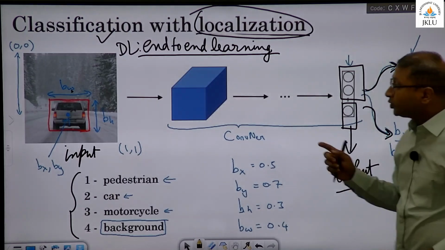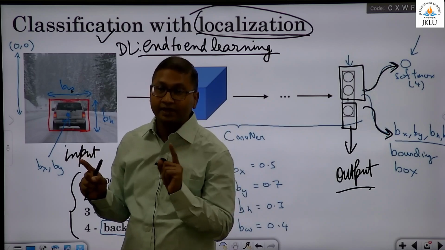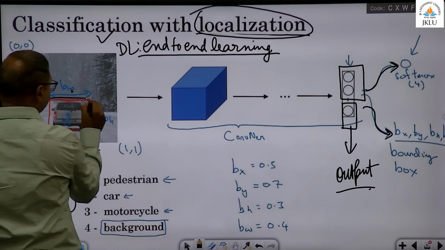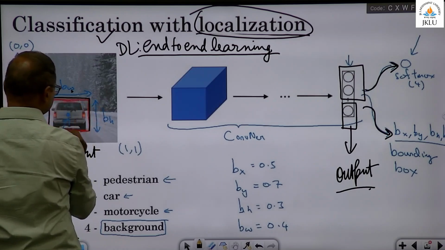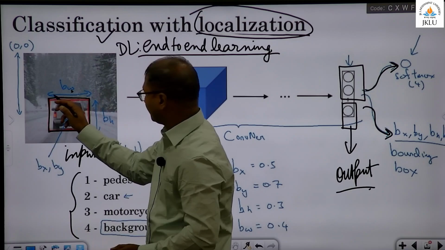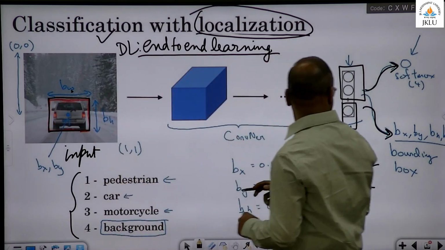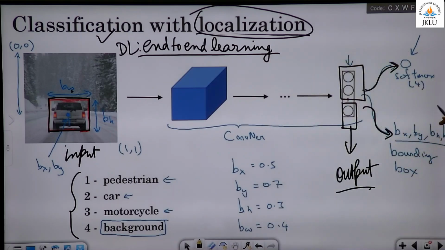And you will have to do this while preparing your training data set. So this is your bw, this is your bh, okay. This width is bw, this is the height bh. bx, by, bh, bw. What does it give me?